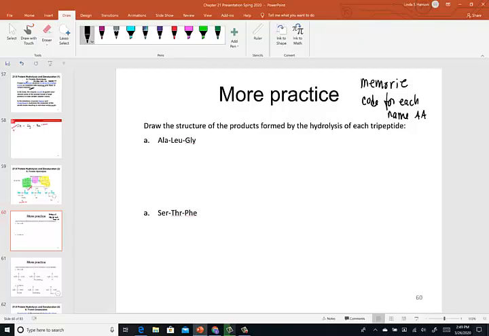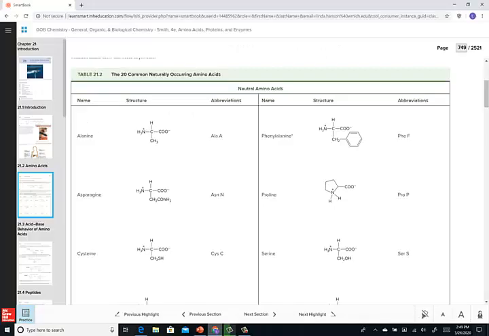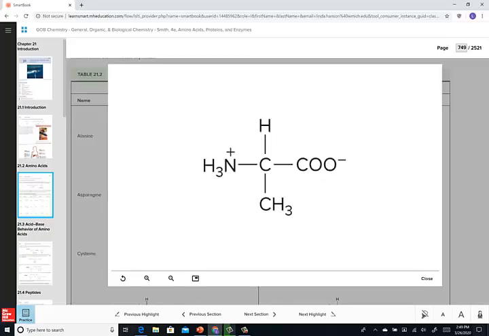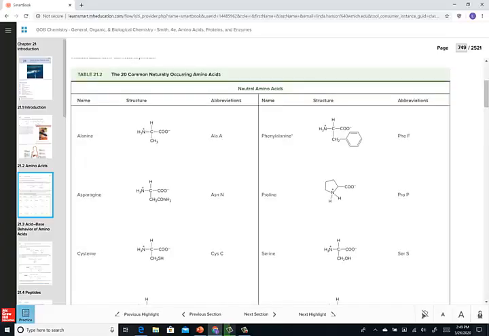Alrighty. So just to emphasize, ALA, when you go into your code, I'm asking you to just remember ALA is associated with alanine, and that then you can look up that its functional group is CH3. LEU, how are you doing with that? What does it stand for?